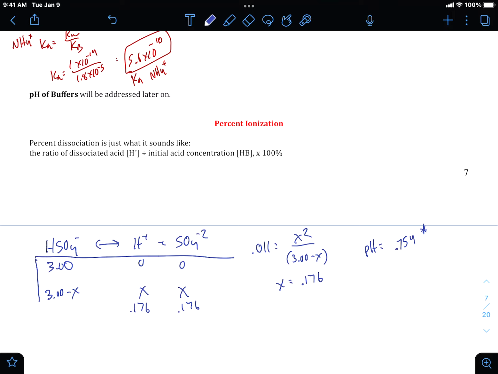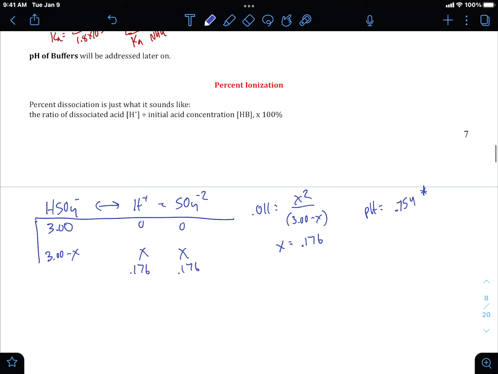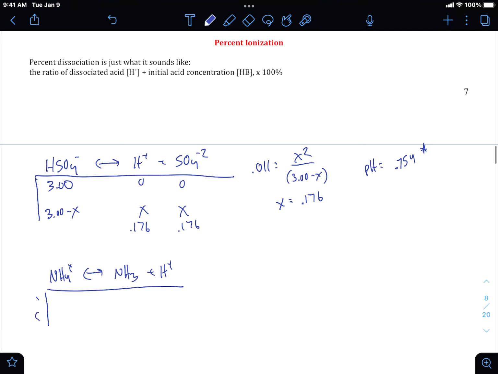All right, that was the first and strongest equilibrium. This was a mixture of two weak acids. That was the first. Let's now carry into the secondary equilibrium, which was for the ammonium. But here's the thing. Remember when you had an equilibrium and there was some ion that was common to both equilibria?